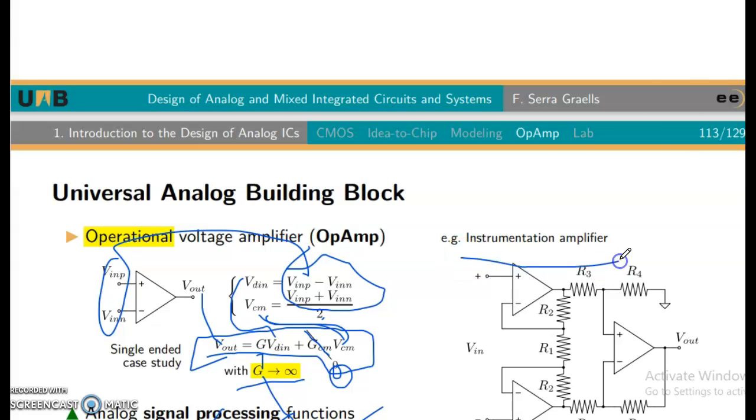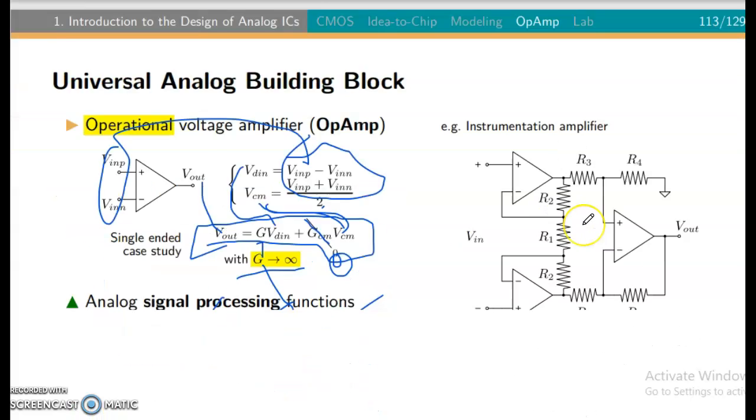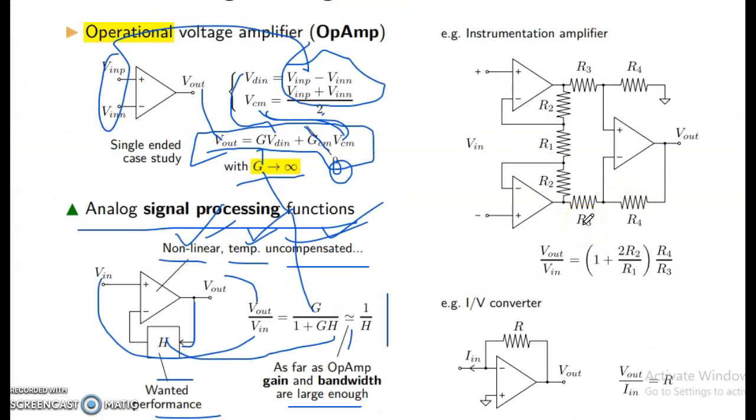Instrumentation amplifier. This instrumentation amplifier has one op-amp, a second op-amp, and a third op-amp. Here are resistances R1, R2, R3, R4.